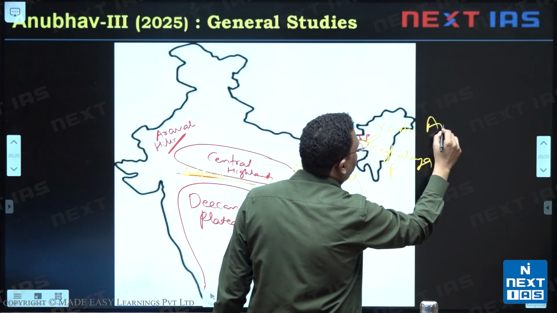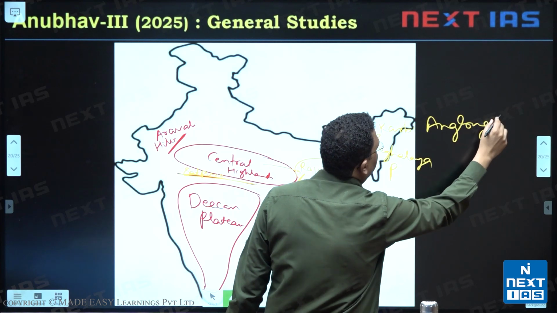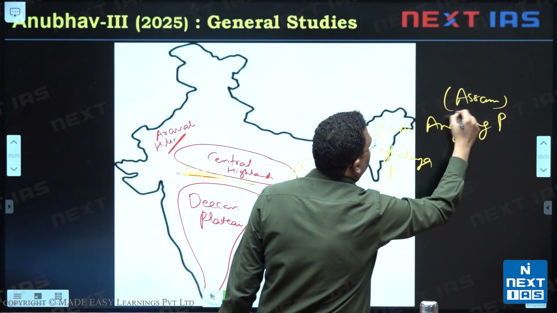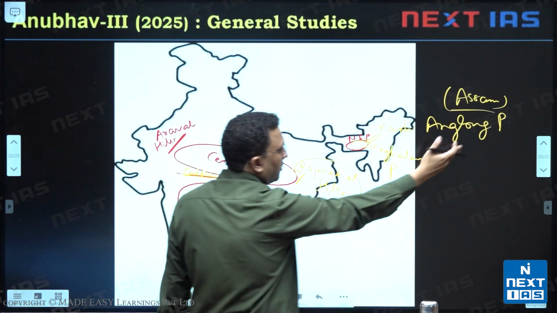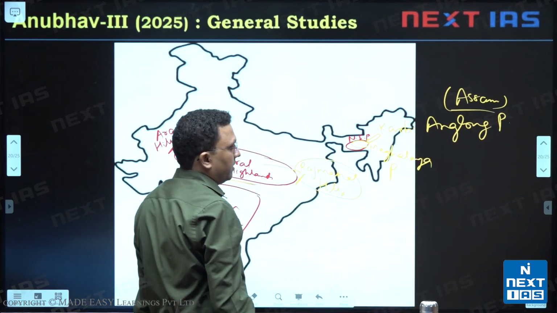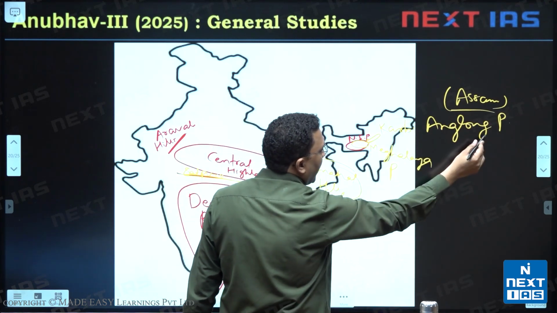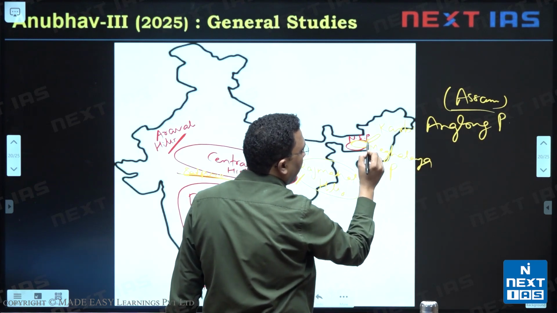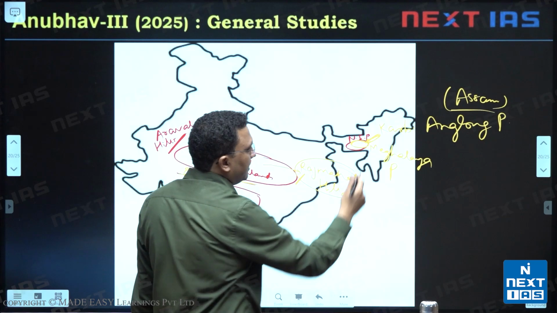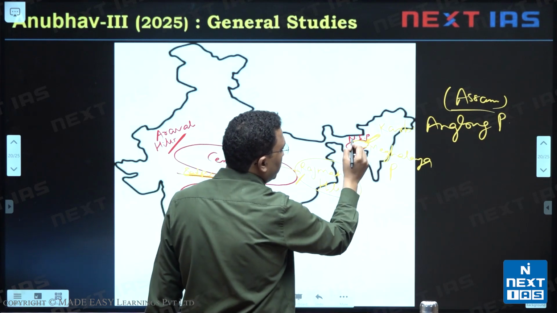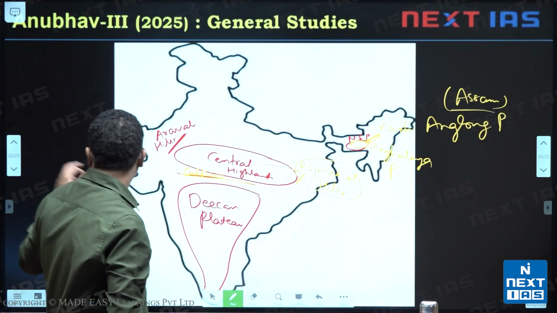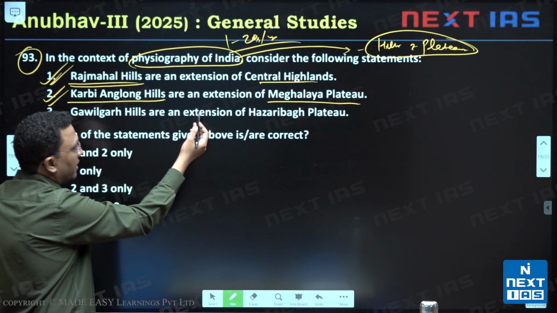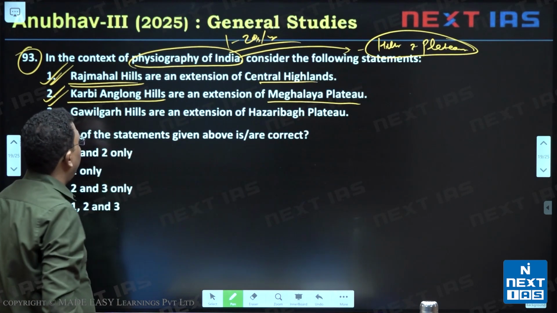Karbi Anglong Plateau is located in Assam. Karbi Anglong Hills is a part of Karbi Anglong Plateau itself. So these Karbi Anglong Hills and plateaus are considered an extension of Meghalaya Plateau itself, and these two together constitute the Northeastern Plateau, right? So that means the second statement is also correct.